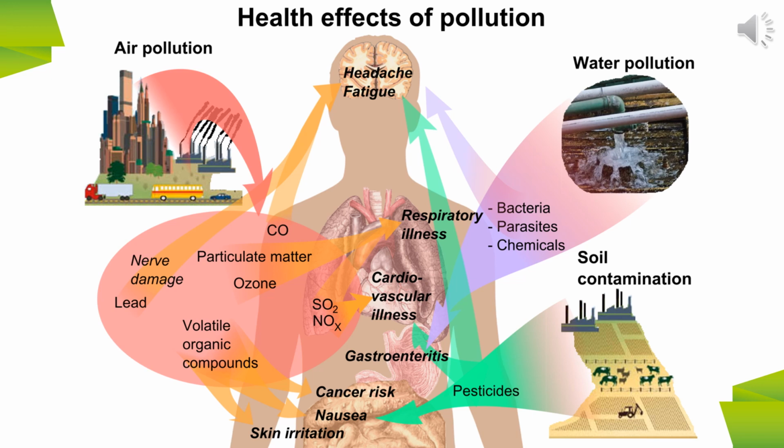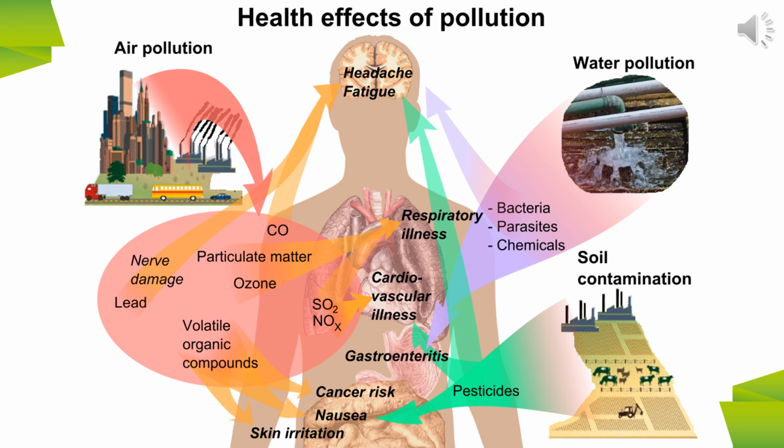This diagram looks at several specific pollutants and how they affect the body, in terms of what body systems they are going to impact. Okay, so you'll see in terms of water pollution, we're talking about bacteria, parasites, and chemicals that are most often going to affect our gastrointestinal, our digestive systems, and our nervous systems.